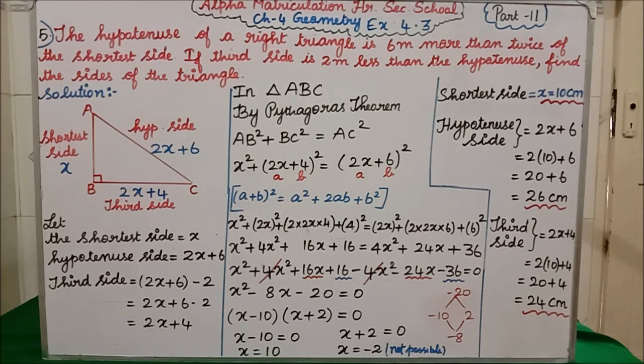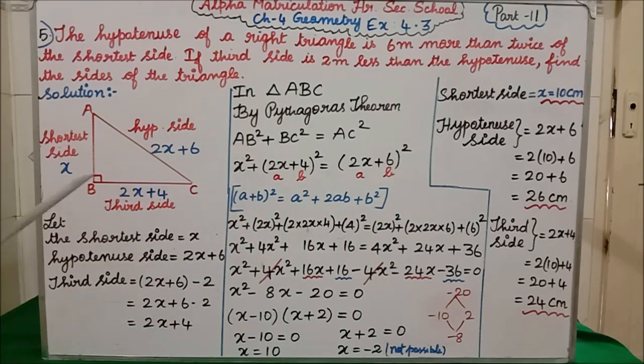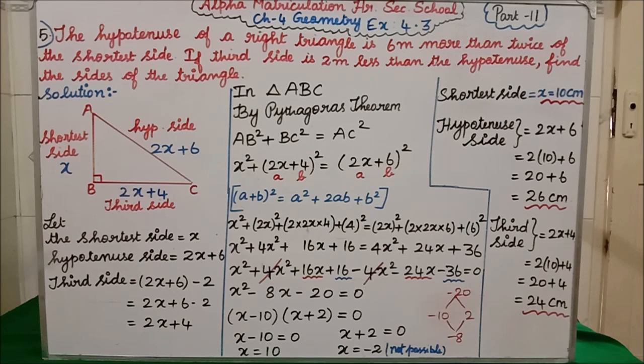Twice means 2 into the shortest side, and we have taken the shortest side as x, so 2x plus 6, because the hypotenuse is 6 more, and more than means plus 6. Clear how I have written hypotenuse equal to 2x plus 6?